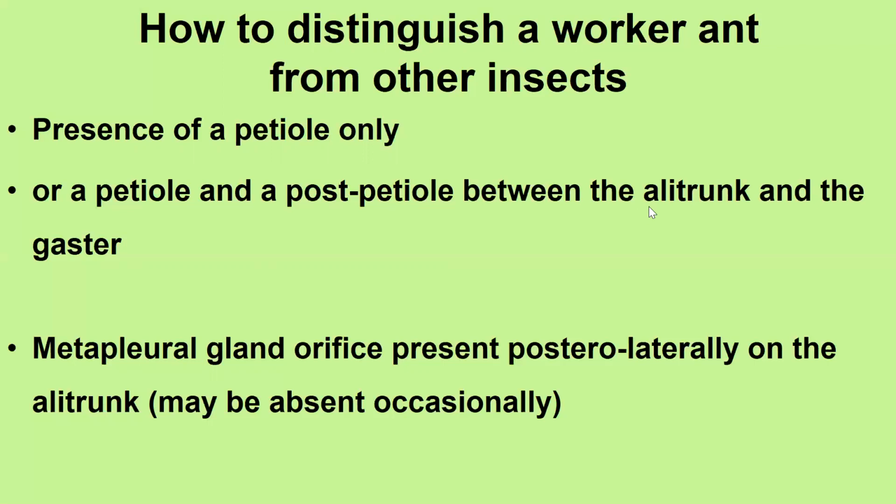It is found between the trunk and the gaster. In a minute, I'm going to show you this structure by showing you a labeled image. So a post petiole is not present in all ants. That is what you should understand. When present, those segments are between the trunk and the gaster of ants.